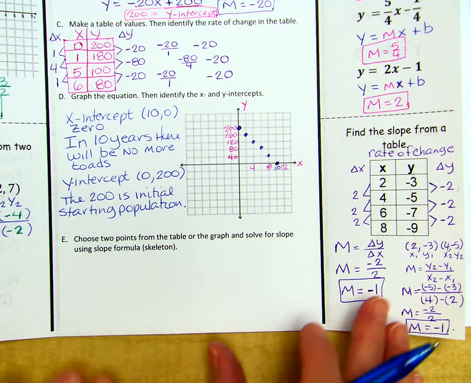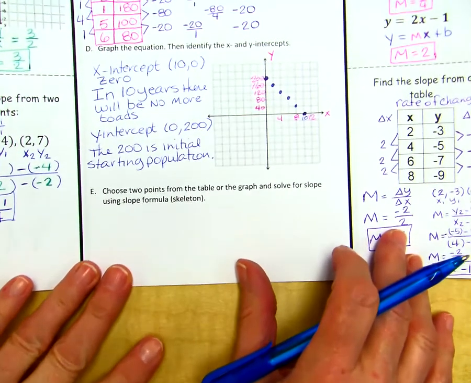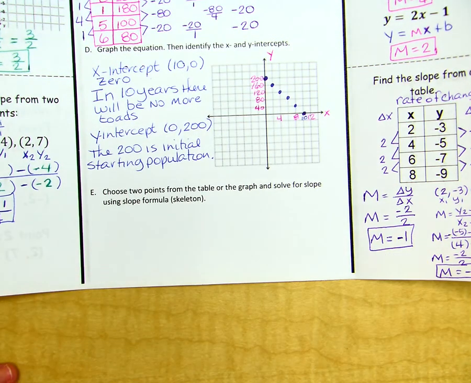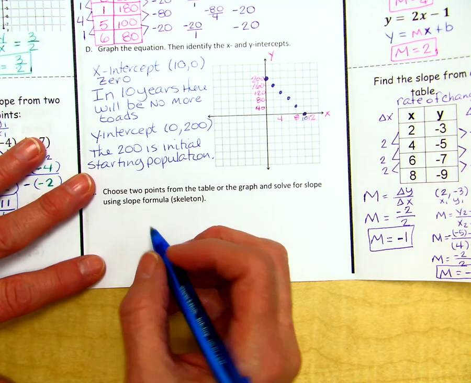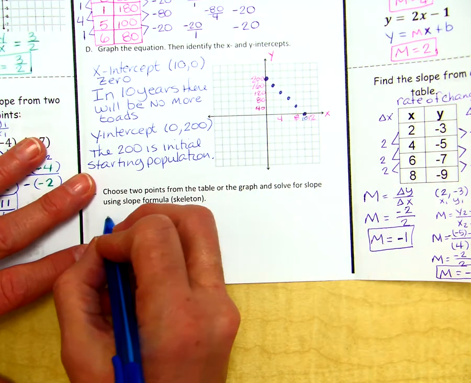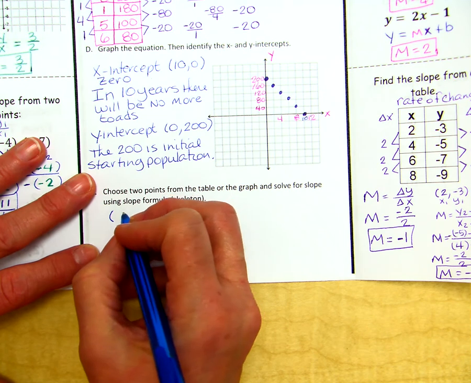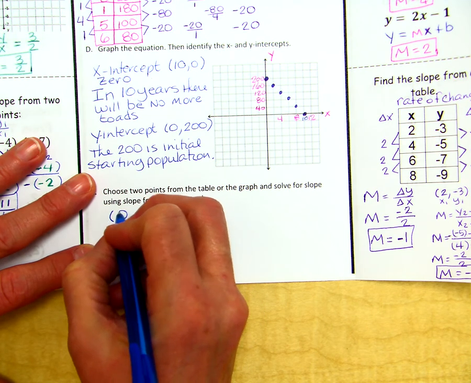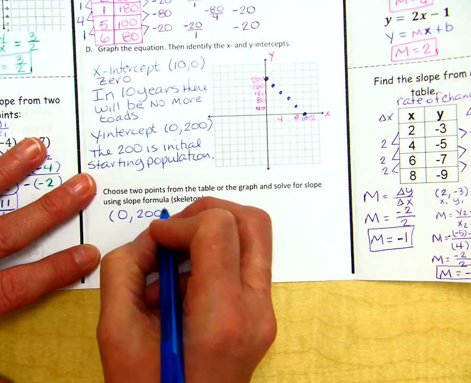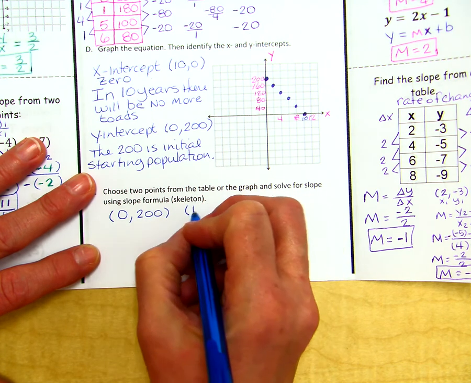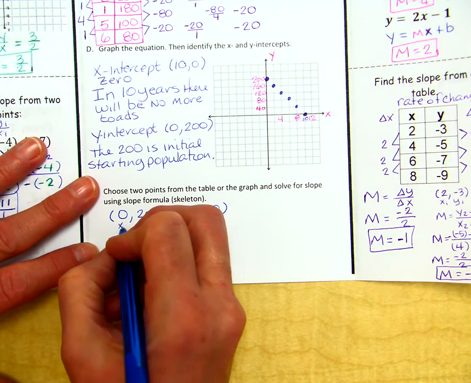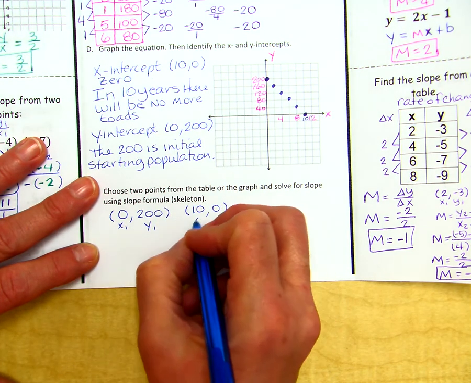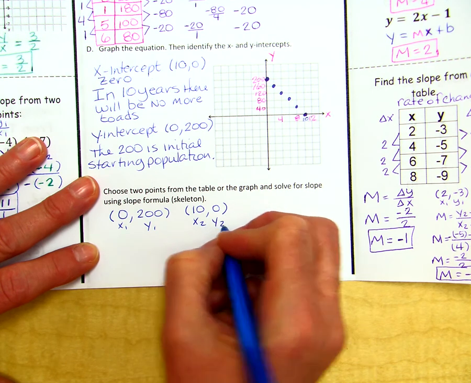Now it asks us to choose 2 points from the table or graph and solve for slope using the slope formula. So let's go ahead and choose our intercepts. We'll have our y-intercept when x is 0, y is 200, and our x-intercept when y is 0, our x is 10. We will label x sub 1, y sub 1, x sub 2, y sub 2.